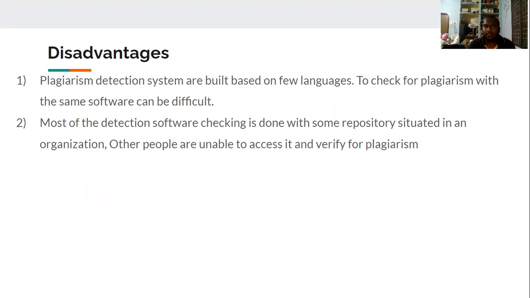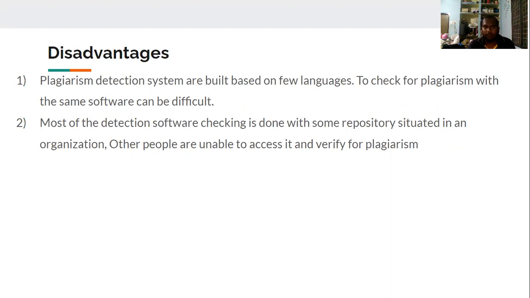Coming to the disadvantages of plagiarism detection systems. Plagiarism detection systems are built based on only a few languages. To check for plagiarism with the same software can be difficult. Plagiarism detection systems are built only for a few languages, not for all languages.